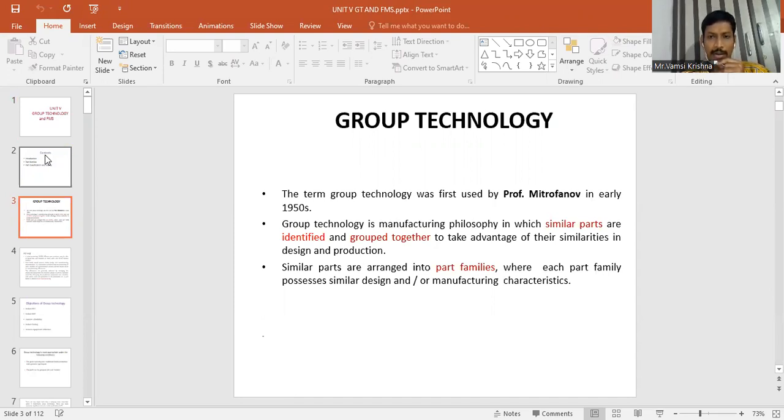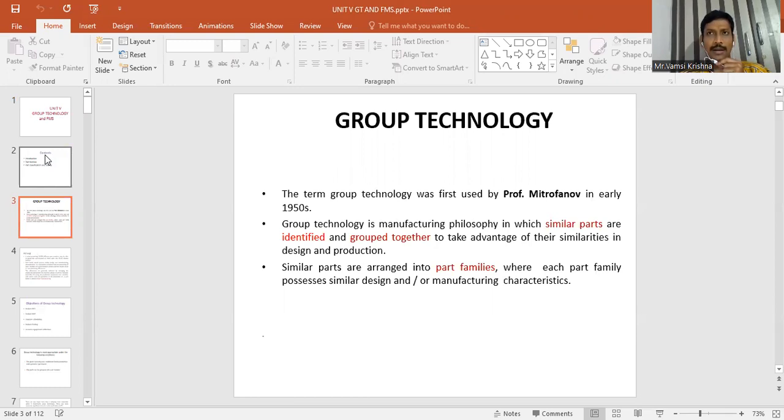Group technology is a manufacturing philosophy in which similar parts are identified and grouped together to take advantage of their similarities in design and production. Similar parts are arranged in part families where each part family possesses similar design and manufacturing characteristics. As I told you in some of the offline sessions, the part components are classified based on design similarities and manufacturing similarities.